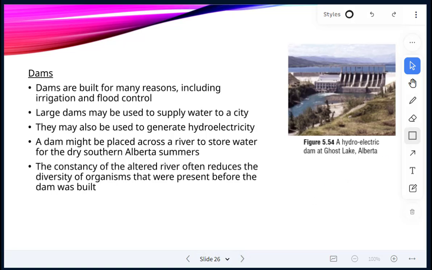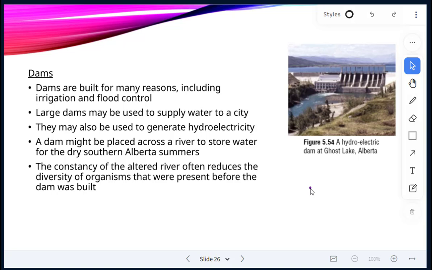Dams. This is showing a hydroelectric dam at Ghost Lake, Alberta. They're built for many different reasons, including irrigation and flood control; here in this diagram it is for electricity. Large dams may just be used to supply water to a city. They can also be used to generate hydroelectricity.